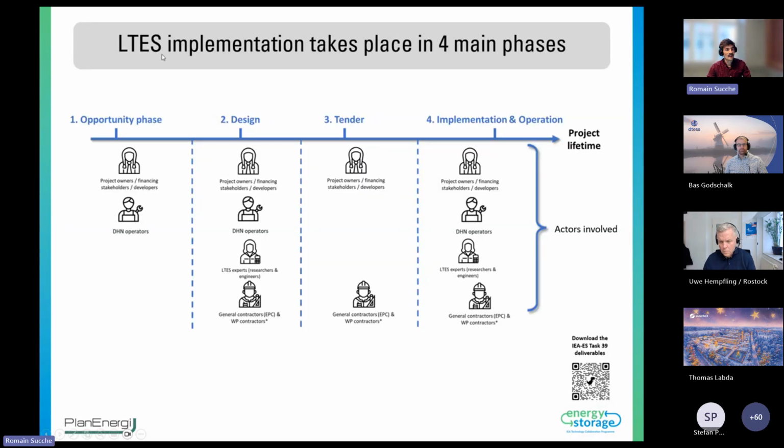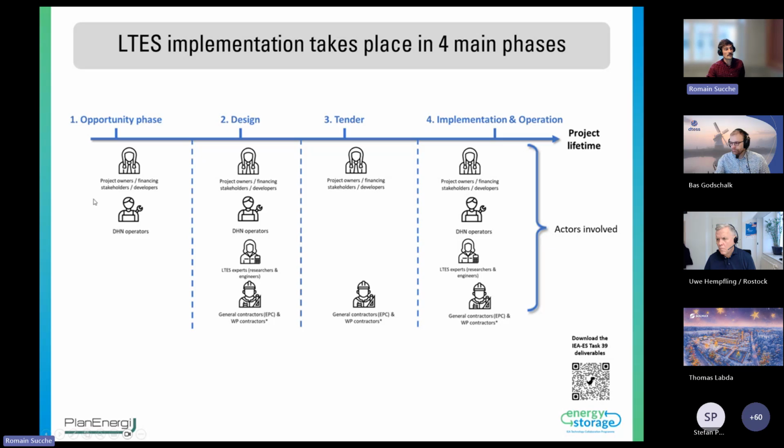So this slide gathers the different steps, opportunity, design, tender, and implementation and operation, and the different technical stakeholders that are involved throughout the project. We can see that the project owners, financing stakeholders, and developers are involved from the beginning until the end. The district heating operators do play a big role.